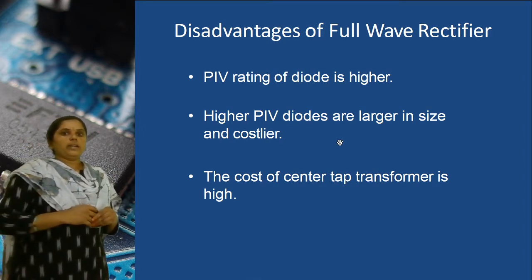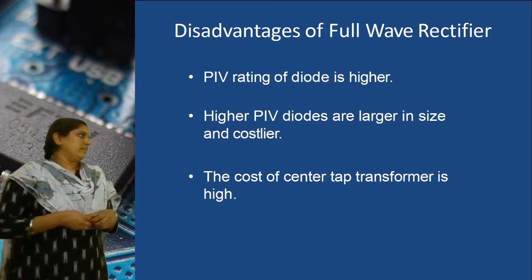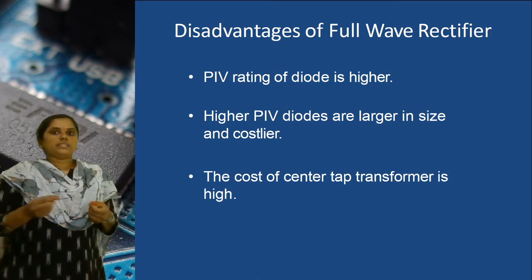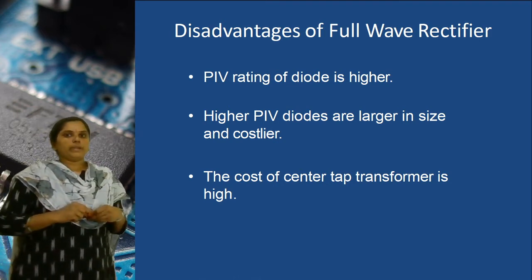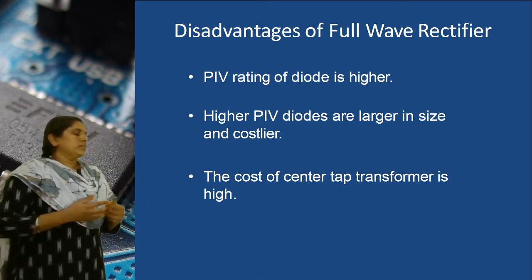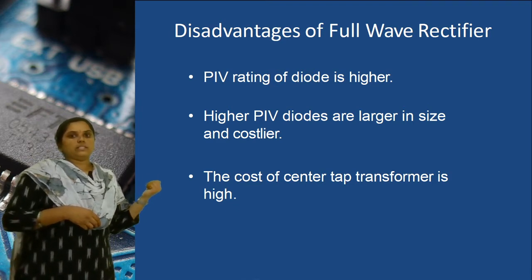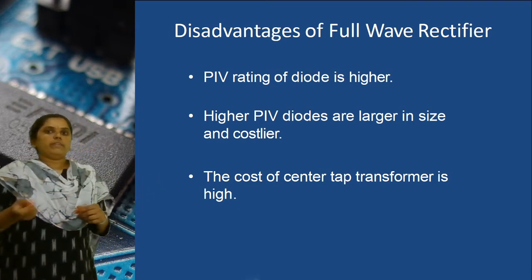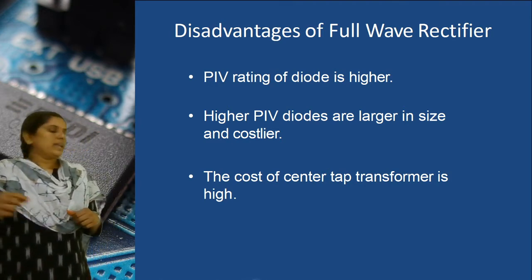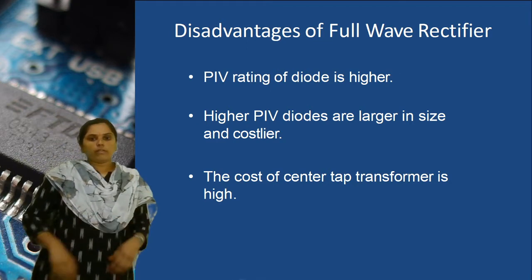Since the peak inverse voltage is increased, the diode cost is high compared to the half wave rectifier diodes, whose cost is less. PIV is nothing but peak inverse voltage. These are the advantages and disadvantages of the full wave rectifier.